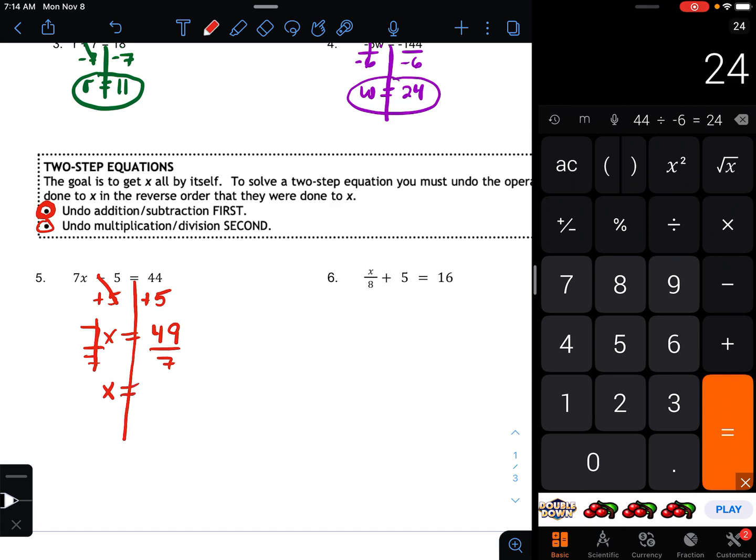Normally we don't write the 1 in front, but that's a 1x, and 49 divided by 7 is also 7. So in other words, we take 7 times 7 is 49, and 49 minus 5 would be 44. So the x value of 7 is what you would substitute in for x to make that equation true.